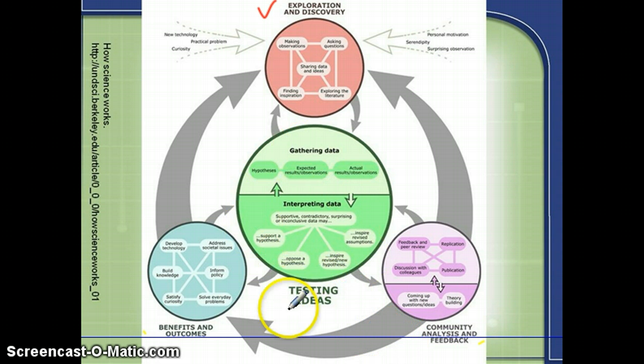The center circle includes testing ideas, which could include experimentation or making observations in the real world, or doing mathematical processes. The purple area talks about how scientists work together in a community and provide feedback to each other. And the other circle includes benefits and outcomes of science and its work.